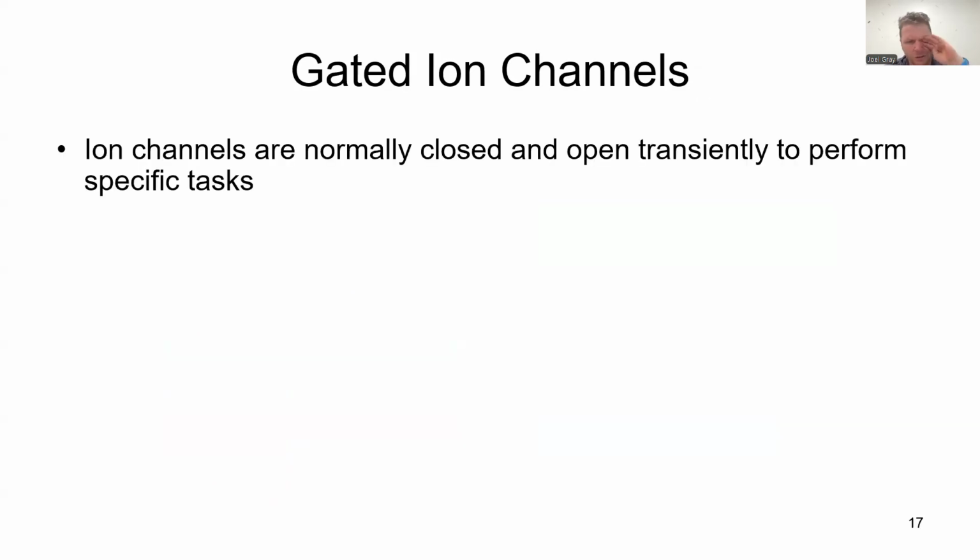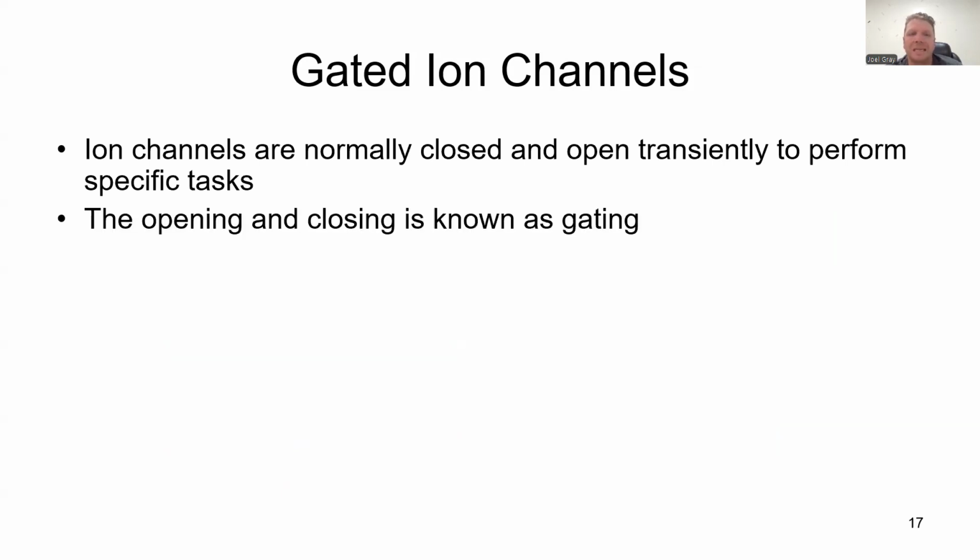Now, a next level of ion channels are your gated ion channels. What makes these gated ion channels particularly unique is that they are normally closed and open transiently to perform specific tasks. The opening and closing is known as gating.